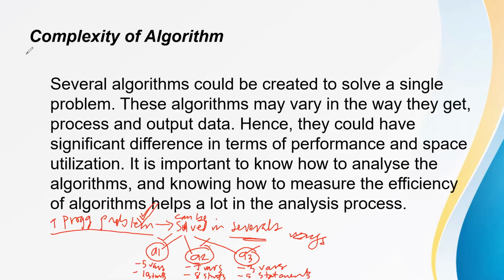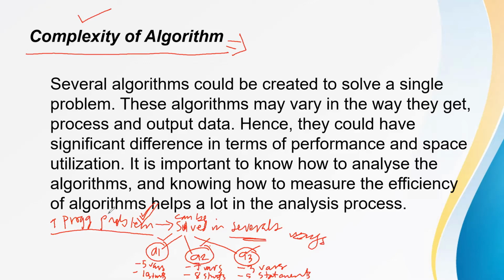That is why the term is complexity of algorithm. This refers to that situation. Why is there a complexity of algorithm? Because, as I've said, one programming problem can be solved in many ways.